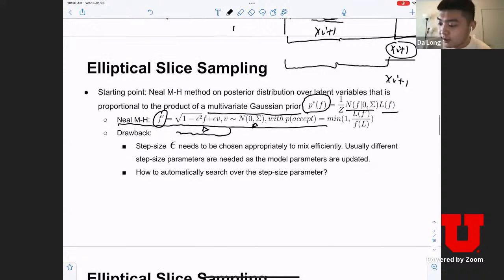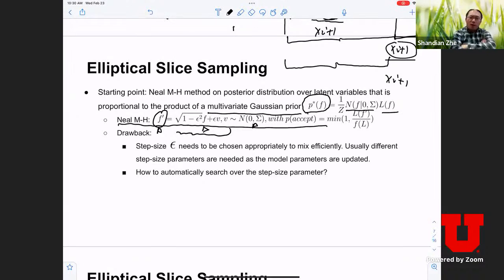When epsilon is near 0, the new sample and the current sample are very similar. But if epsilon is large, close to 1, the current sample and the new sample are not similar. So the step size parameter determines the difference between the current sample and the new sample.